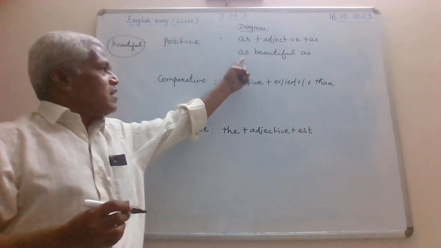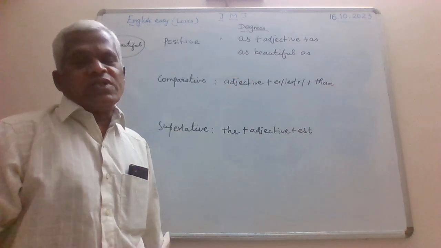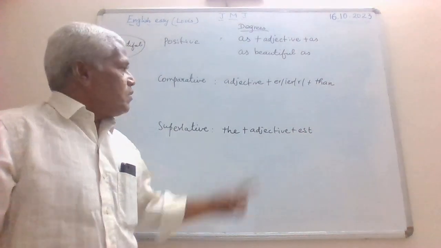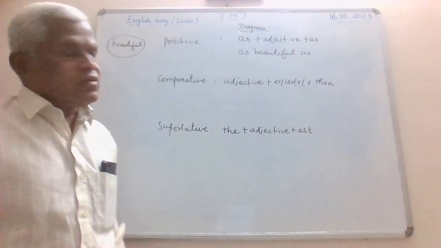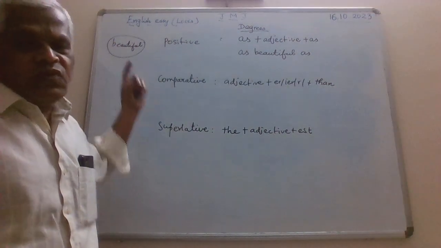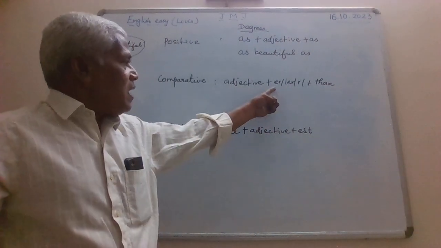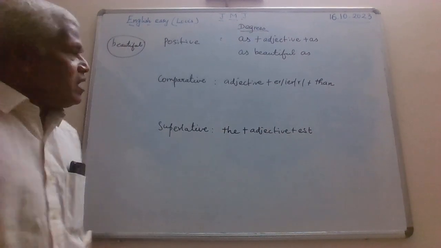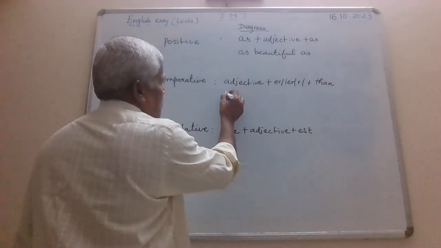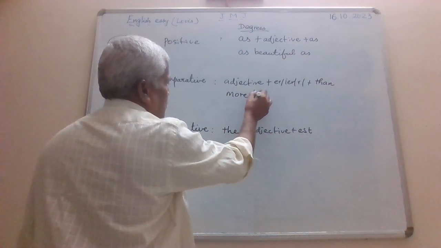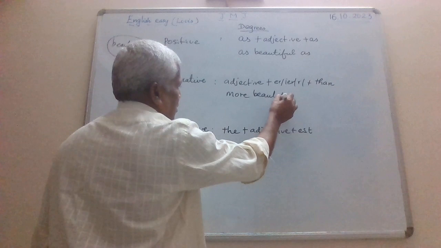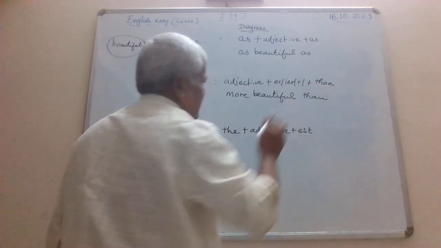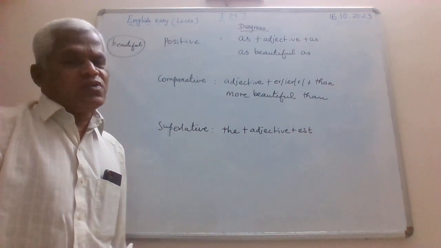So this is the adjective in positive degree. This should be mentioned like this only. What about this one here? Since I have written the adjective beautiful, you can't say beautifuler, so ER or IER cannot be added. So straight away we write more beautiful, and then than. Okay? More beautiful than.